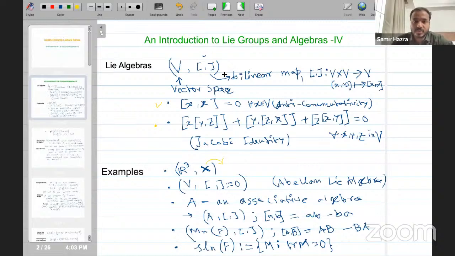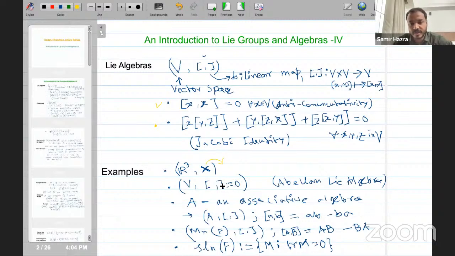Therefore, the vector spaces were naturally defined over R. But mostly here we will consider Lie algebras over any arbitrary field. And for some parts of this lecture, we'll also assume the field to be algebraically closed and of characteristic 0.